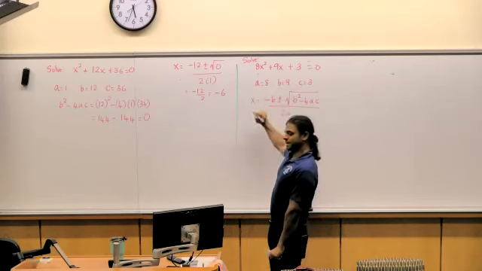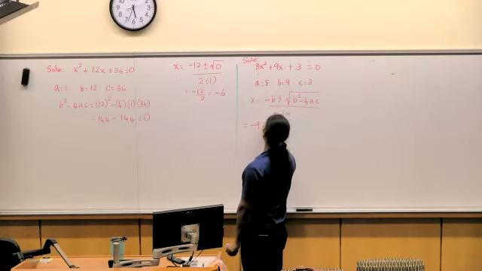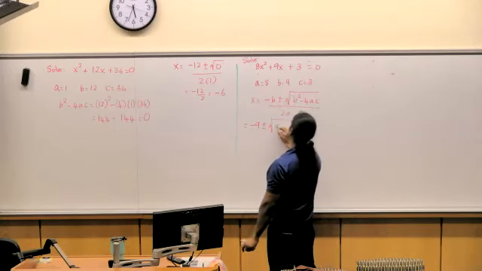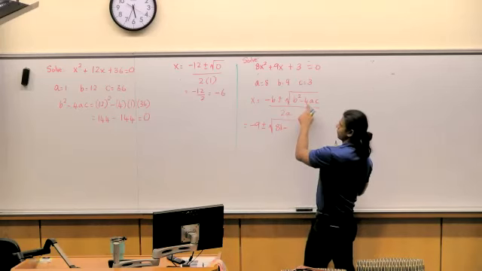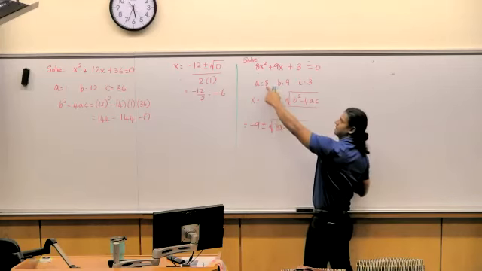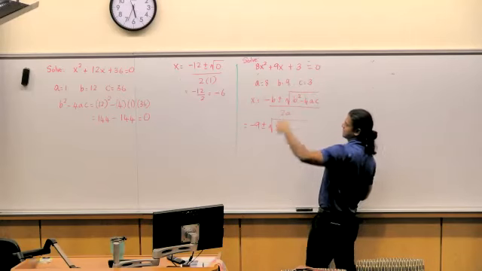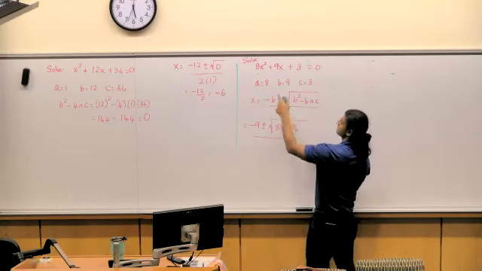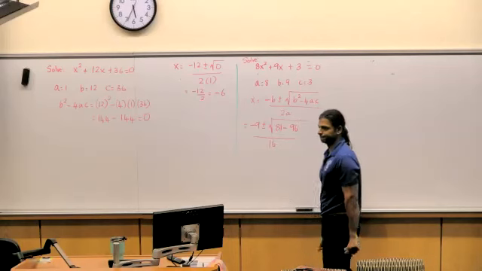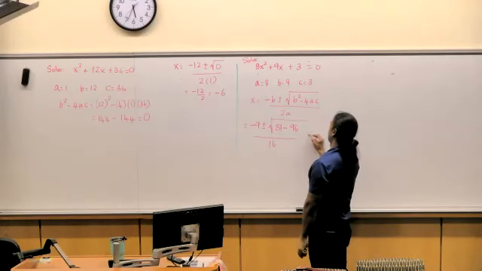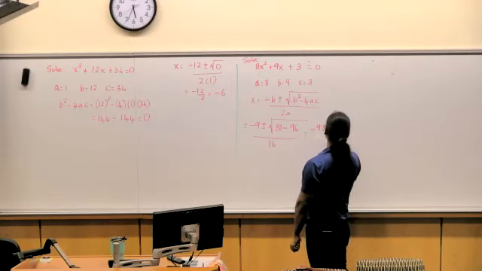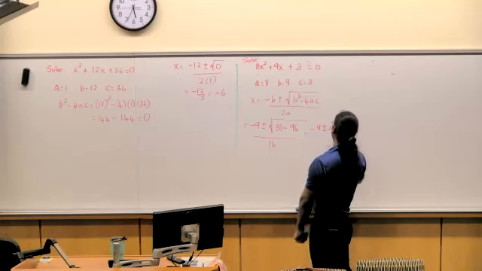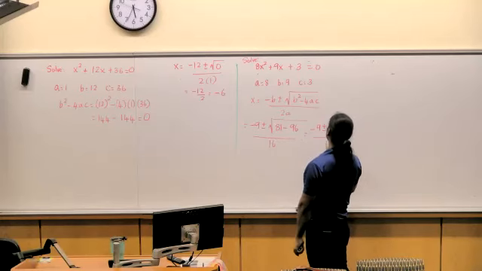So minus B, so minus 9, plus or minus square root. 9 squared is 81, minus 4 times 8, 32, 32 times 3, 96, minus 96, divided by 2 times 8, 16. Good. So minus 9 plus or minus square root of 81 minus 96 is minus 15 divided by 16.